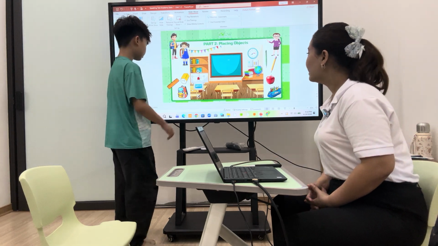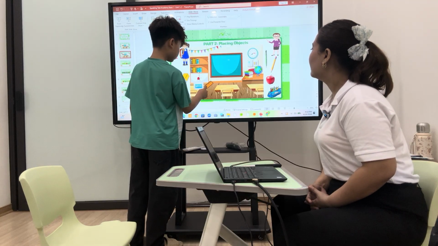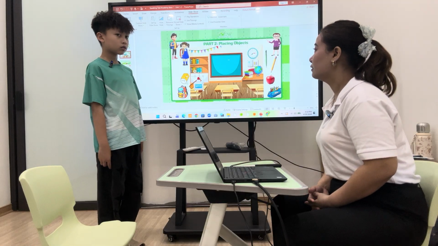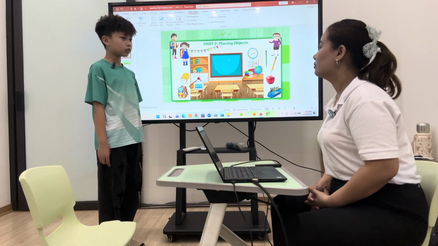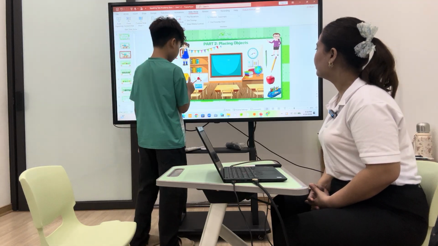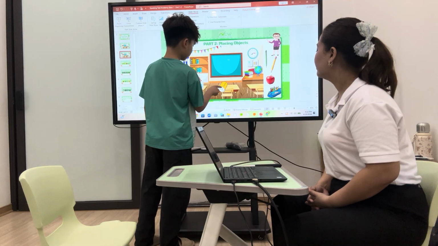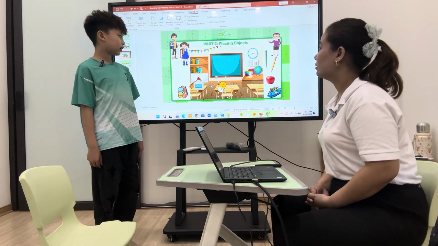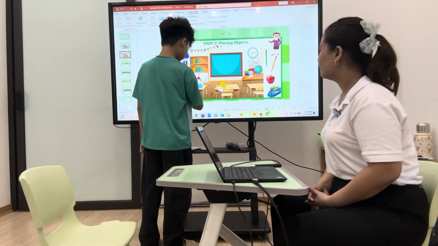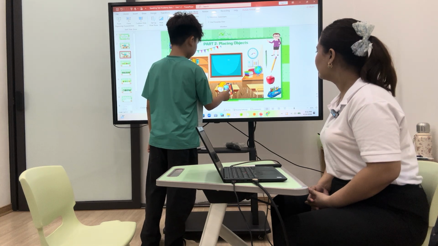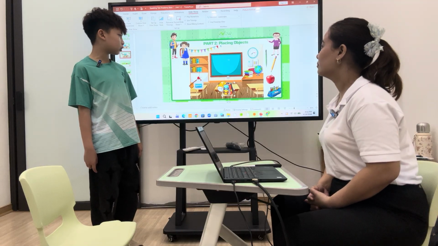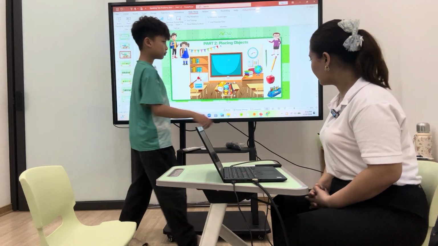Next. Okay, what is that, Leo? The ruler is on the table. Okay, good job. The driver is on the table. Wow. Okay, next. The backpack is on the table. Okay, next.